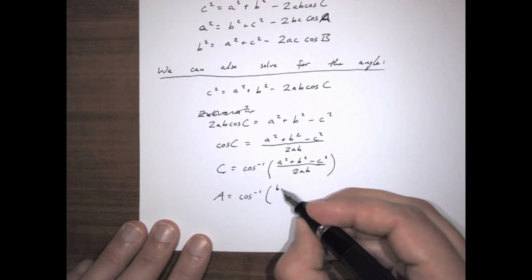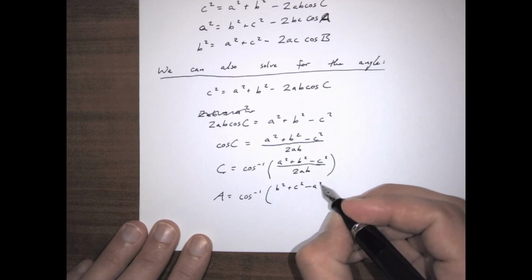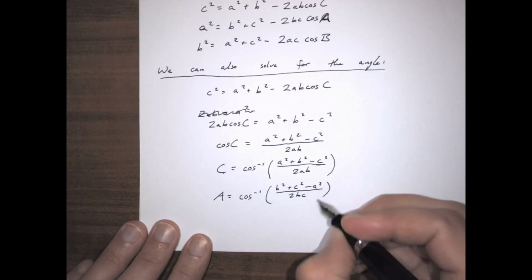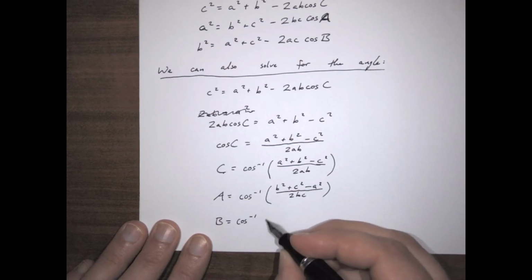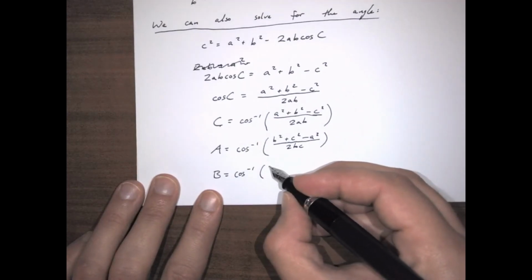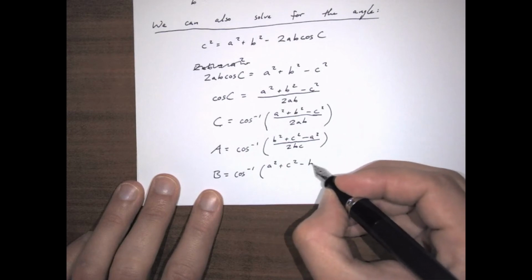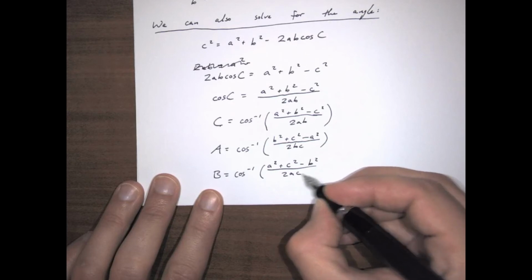Other than that, everything's the same. So b squared plus c squared minus a squared over 2bc, cosine inverse. And then here again, a squared plus c squared minus b squared over 2ac.